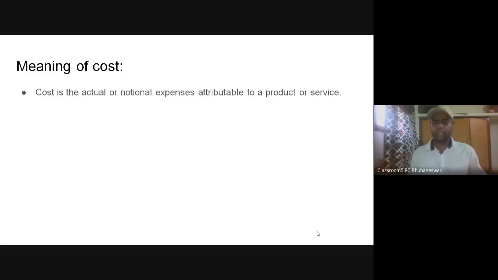It is based upon historical records or figures, and basing upon that we prepare an expected or estimated data sheet where you can find out the total cost of the product. So how are we going to prepare that? Today you are going to read about that. I am going to teach you how to prepare this particular cost sheet or statement of cost and profit in today's class.